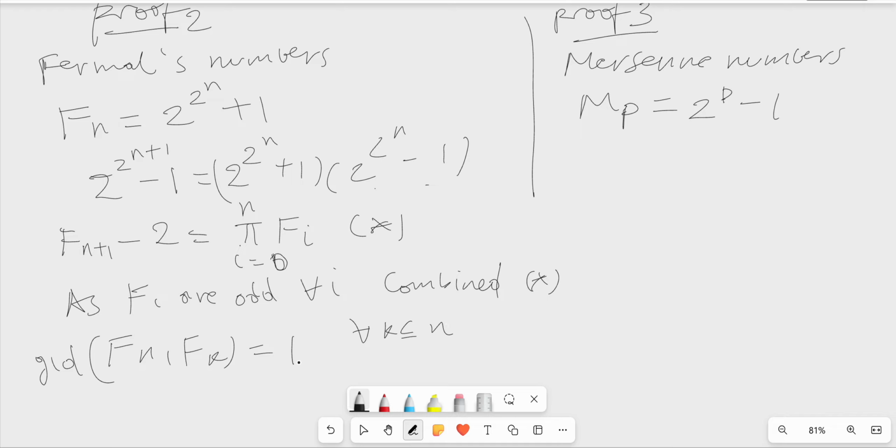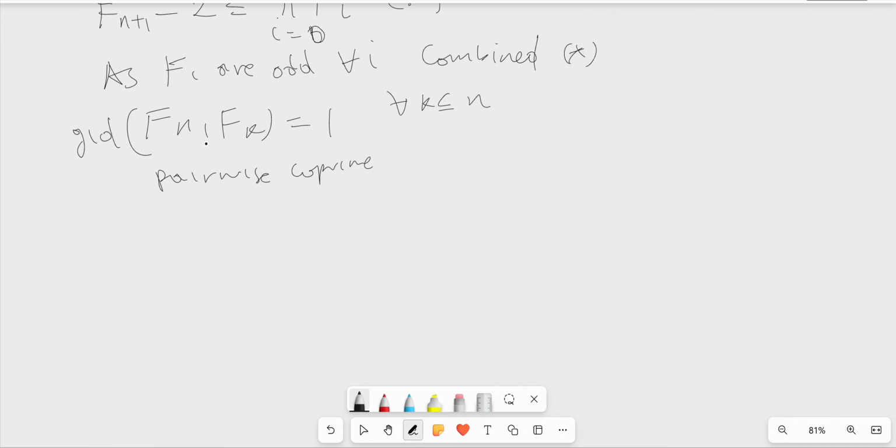And from here we can generalize by induction to pairwise coprime. We can make this sequence infinite, running from 0 to infinity. And if they are pairwise coprime, therefore there are infinitely many primes.